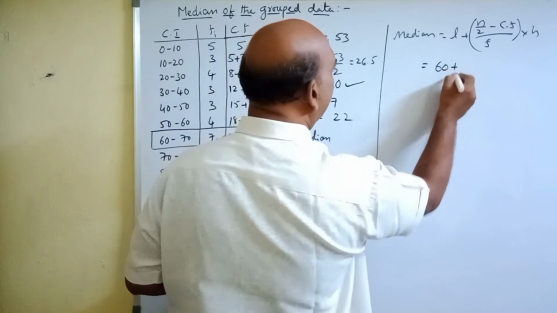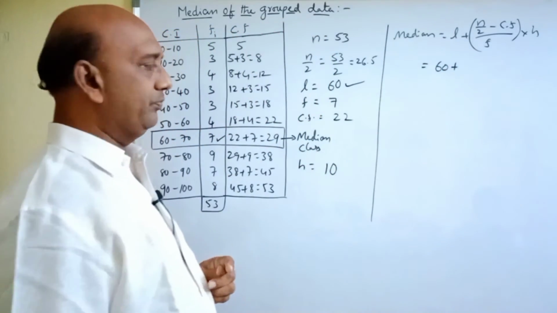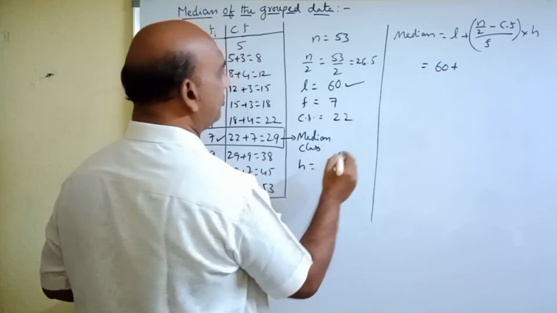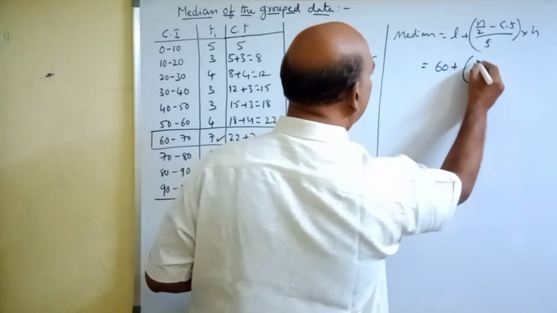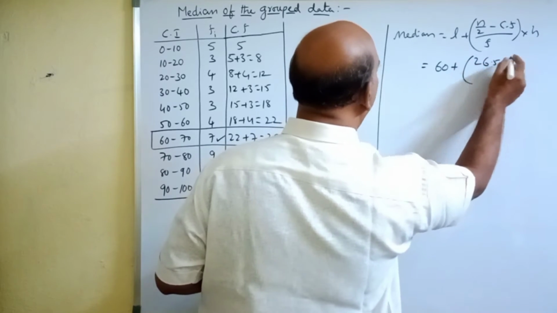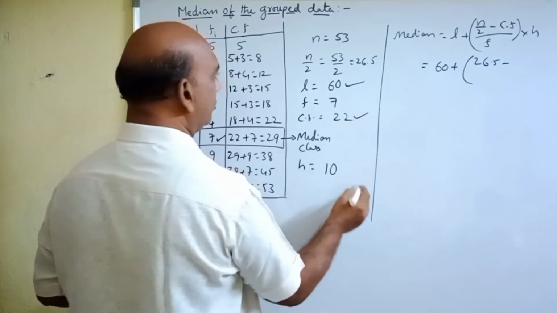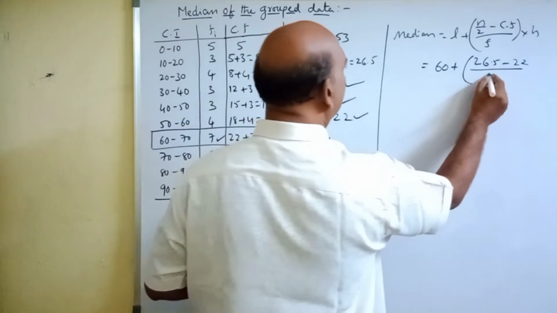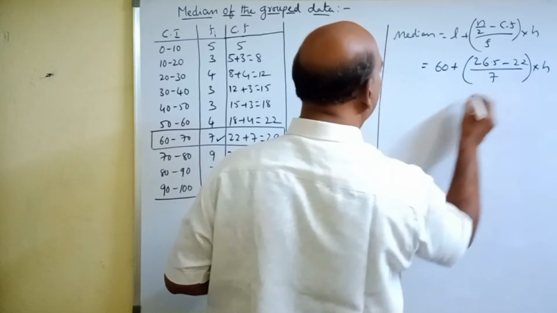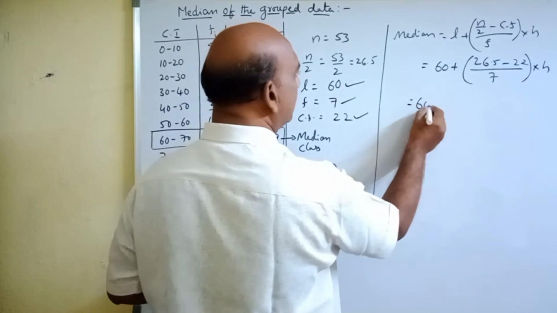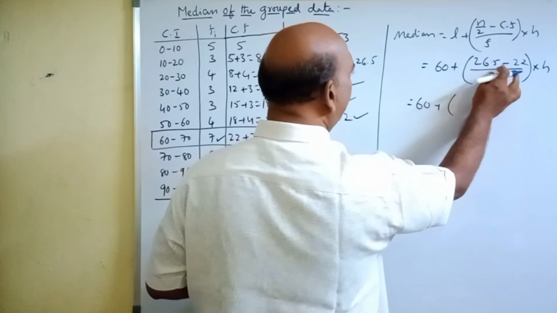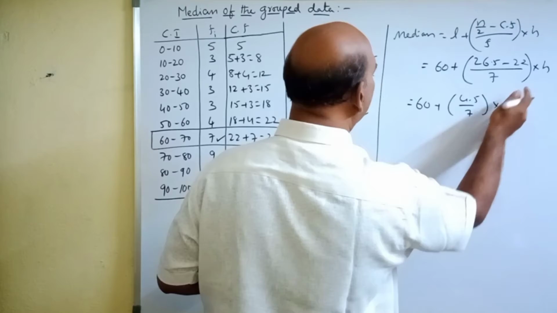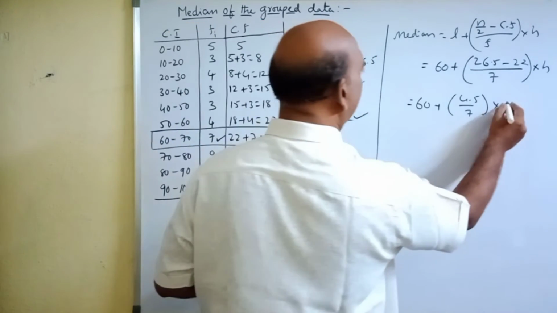So, 60 plus (26.5 minus 22) by 7 into H, which is 10. This is equal to 60 plus 4.5 by 7 into 10.